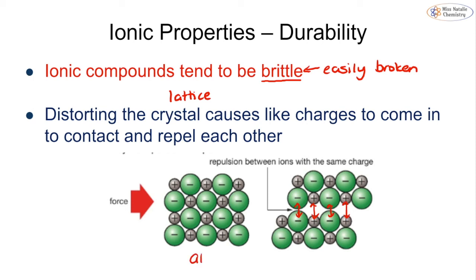So rather than there being an attraction, like there would be in the lattice as normal, we get a level of repulsion because two like charges don't like to be next to each other. So as soon as these like charges come into contact after being moved due to this force, they're going to repel each other, meaning we can easily break apart the ion lattice because these ions don't want to be close together. So ionic compounds do tend to be brittle.